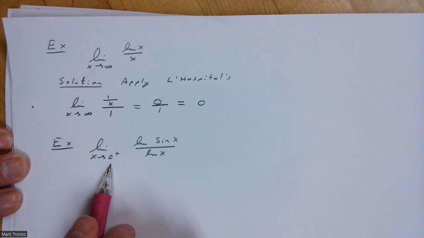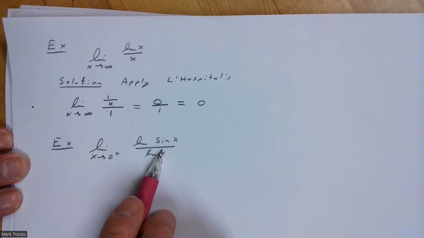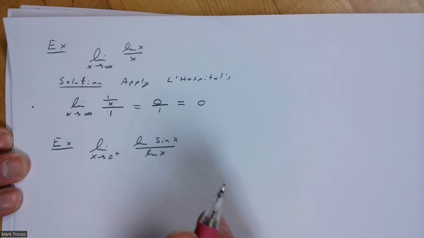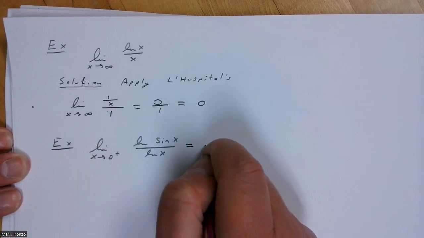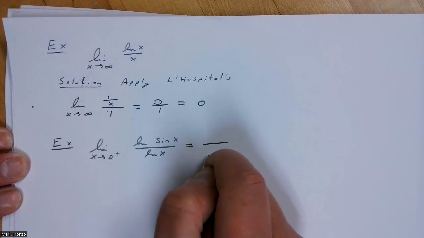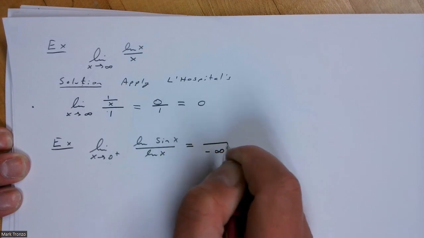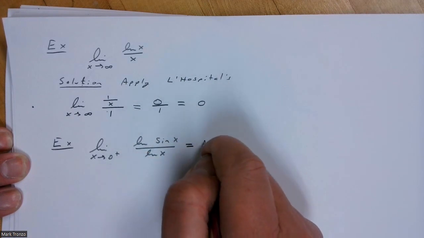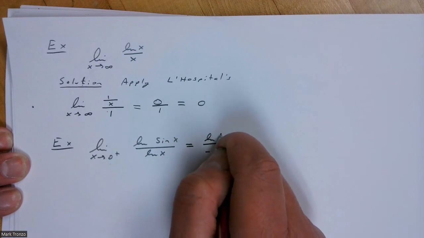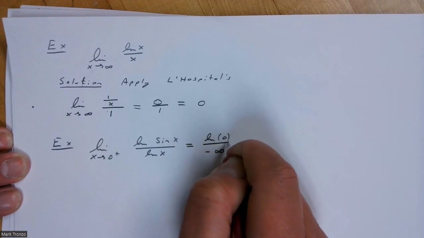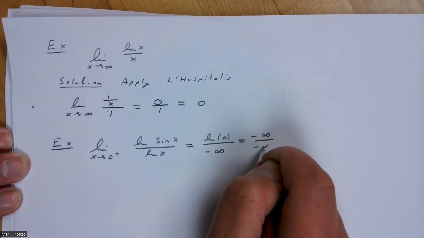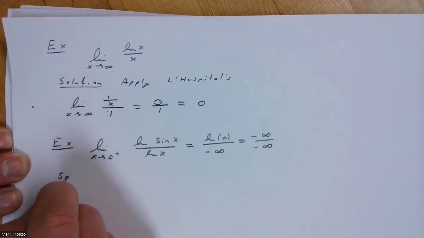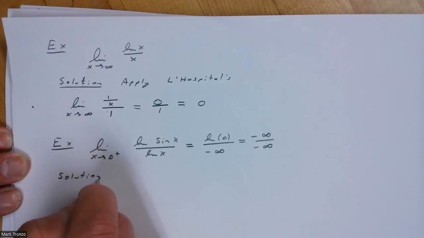You can see, of course, if you plug 0 into here, that's going to go towards negative infinity. And then this is going to be the log of 0, which again is going to be negative infinity over negative infinity. So let's take a look at that.